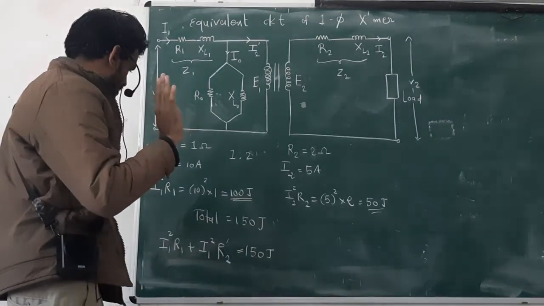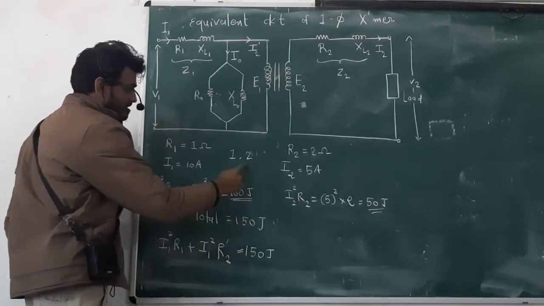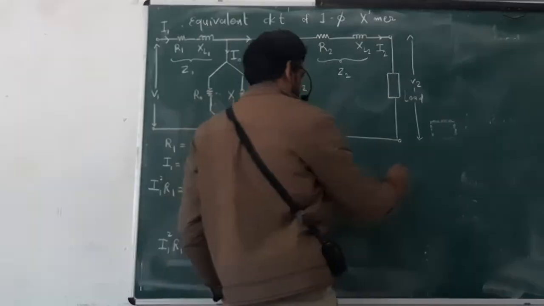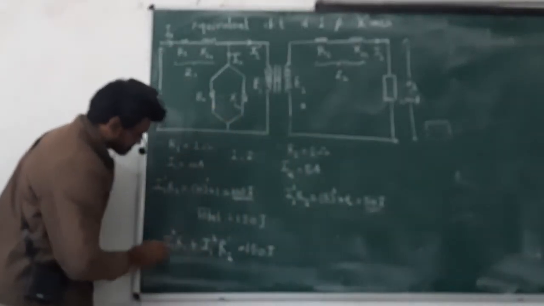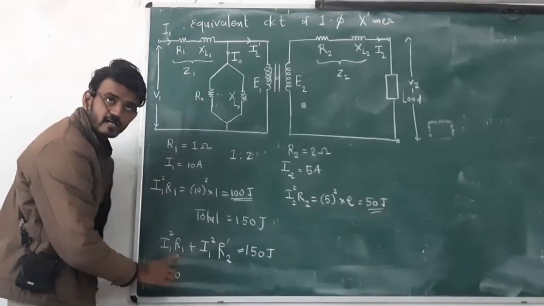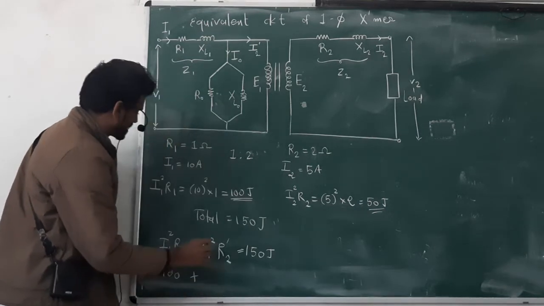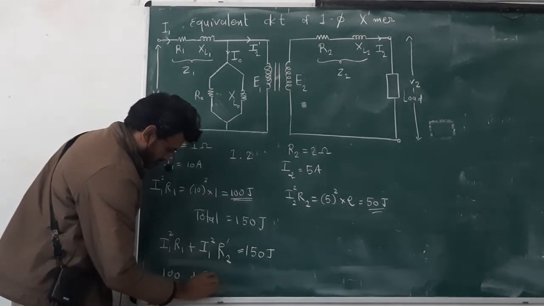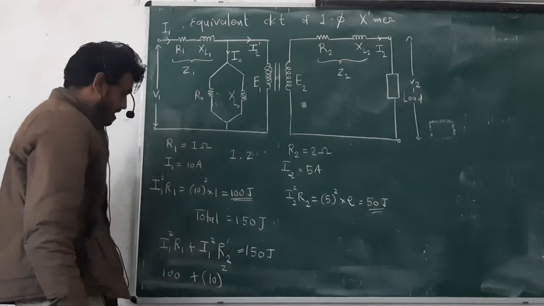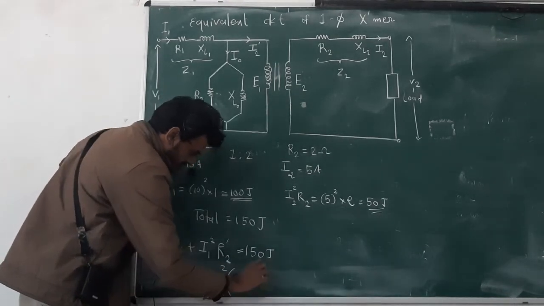Alright, so what is the ratio? 1:2. Then you can do this. This is 100 joule, correct? I1 square R1, 100, plus I1 square, what is I1? 10, into R2 dash. So what will I do here?